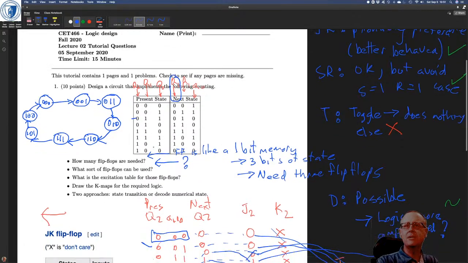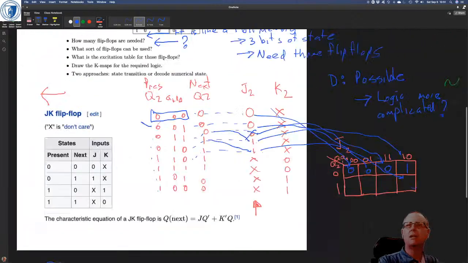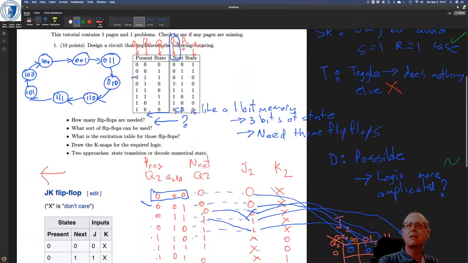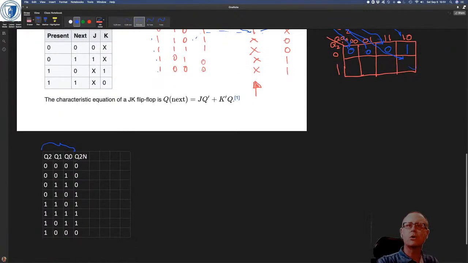So these numbers I've put in these first three columns, right? And Q2 next is just this column, because I want to first of all focus on getting Q2 next right. Does that help at all? Yes. Yeah? Okay.